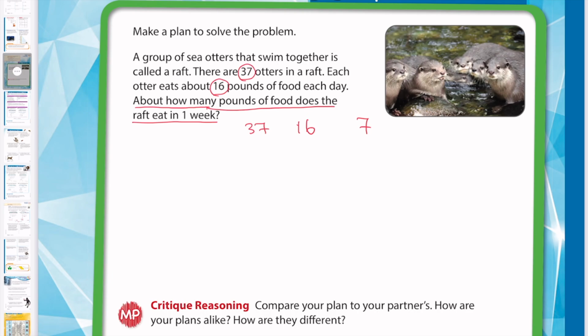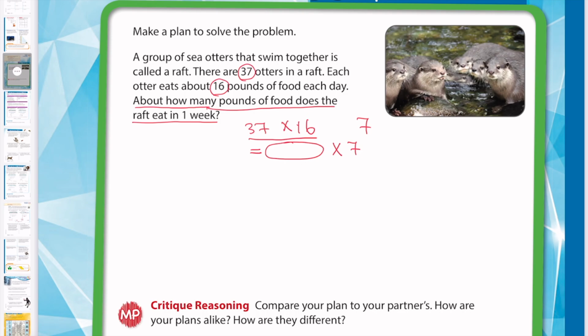So now we are going to multiply these 37 otters in a raft, and each otter eats about 16 pounds each day. So this is going to be the amount of food the raft eats in a day. And then we are going to multiply by 7 to find out about how many pounds of food the raft eats in 1 week.